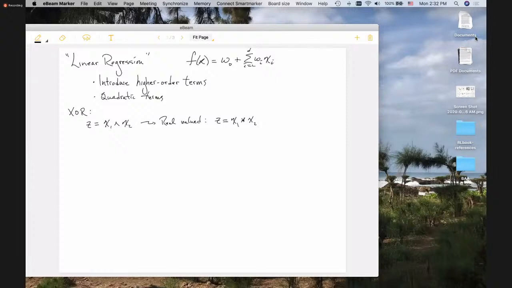If we do that, our new discriminant function, still a linear function, looks something like this. Notice all I did was add a new term to the equation here, corresponding to the quadratic term.